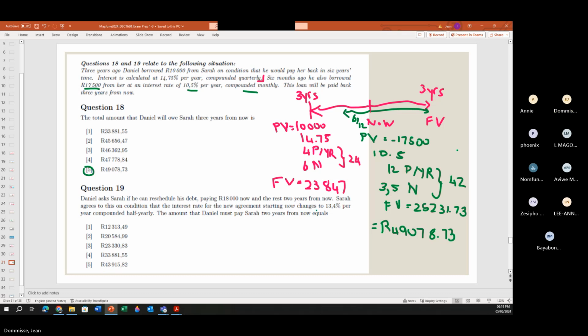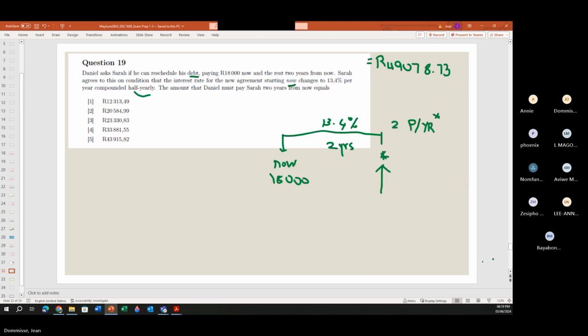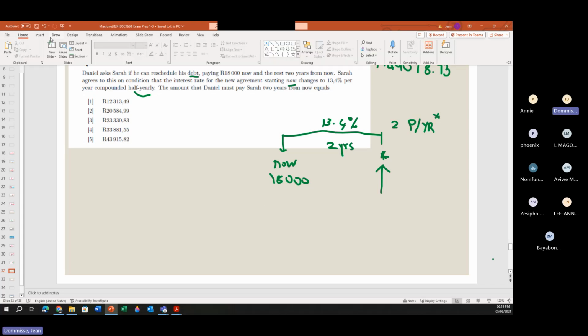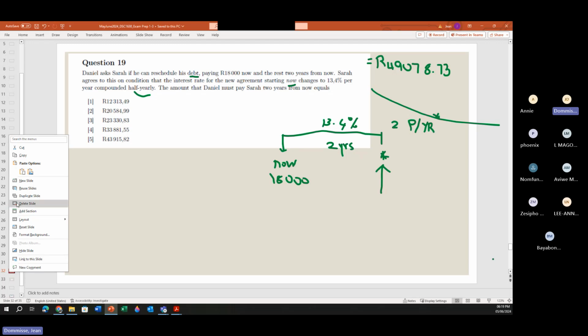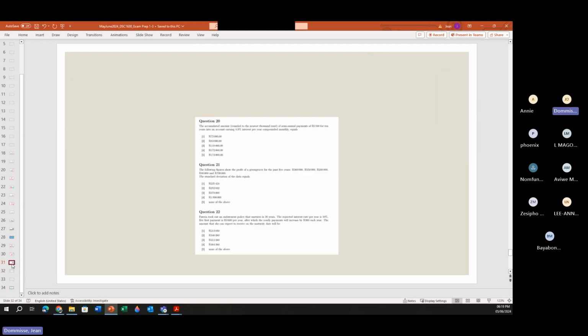So not looking at what we're paying, the 49 as I did there. Sorry. It's going to be easier to just delete and then duplicate that slide again.